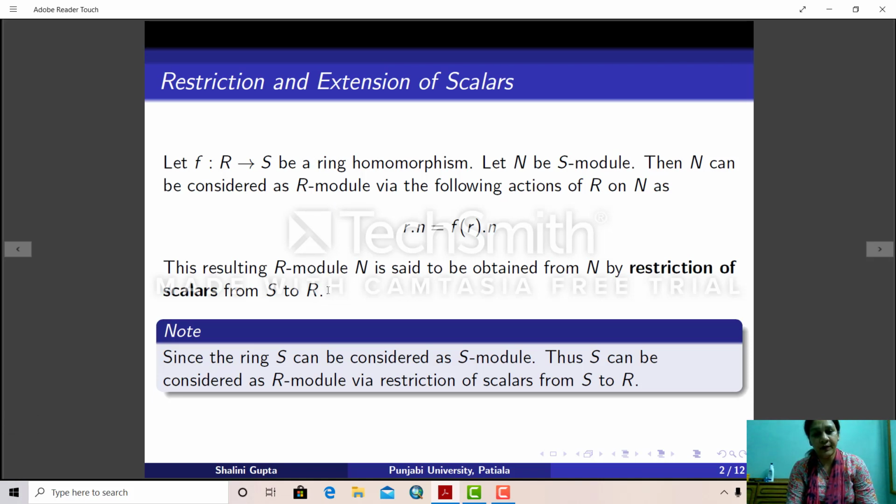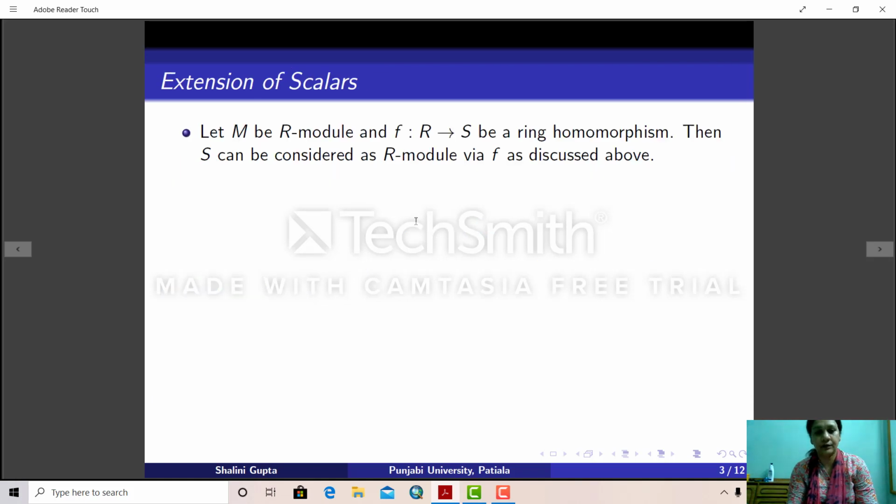So applying the same procedure to S, we can consider S as an R module via F under this action.